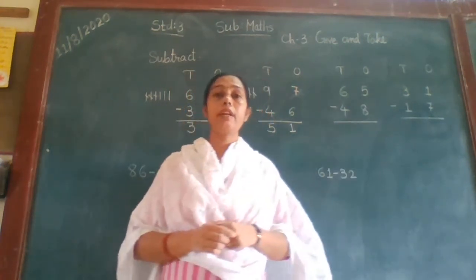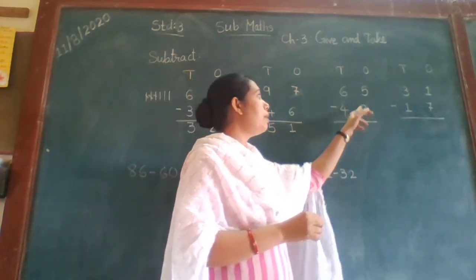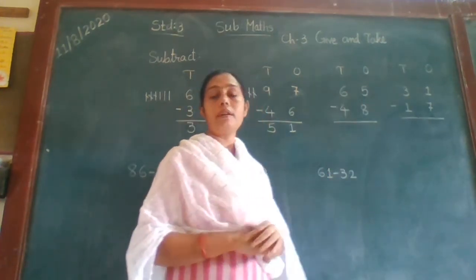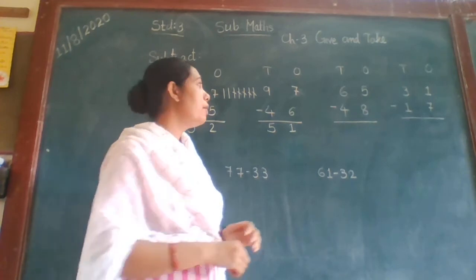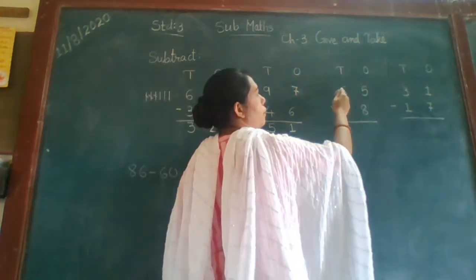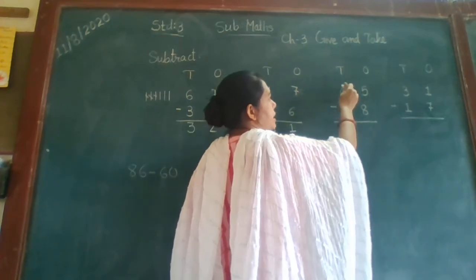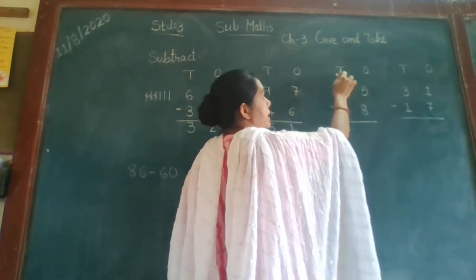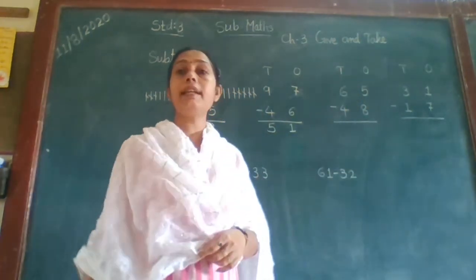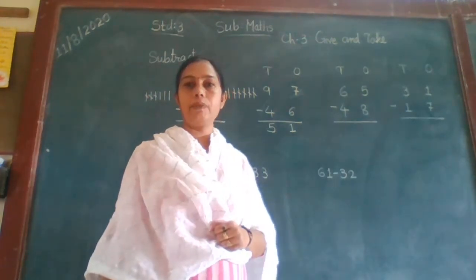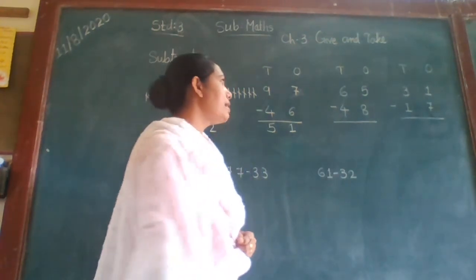No. We cannot cut a bigger number from a smaller number. So what do we have to do? We have to borrow from 6. Here it is not 6, it is 6 tens. 6 tens means it is 60.